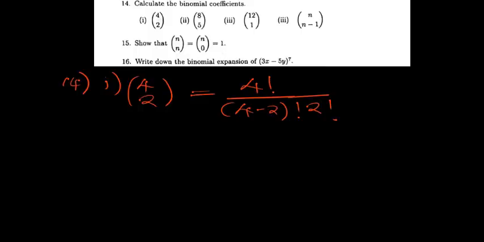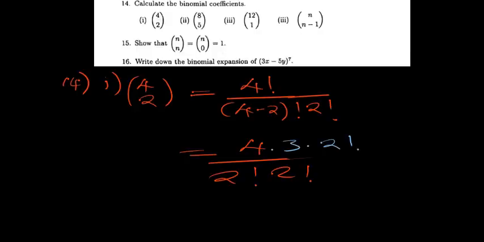So that gives us 4 factorial on top. 4 minus 2 becomes 2 factorial, multiplied by 2 factorial. I can reduce the 4 factorial to 2 factorial so that I can cancel out. So 4 times 3, and then I end at 2 factorial. 2 factorial is the same as 2 times 1, which is 2.